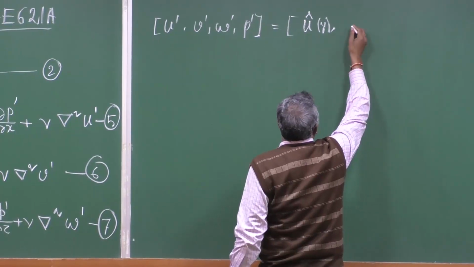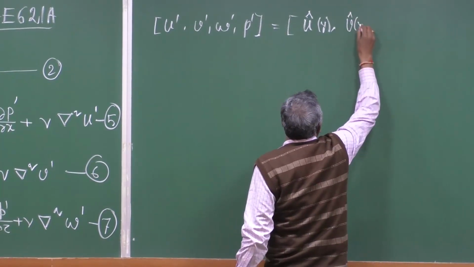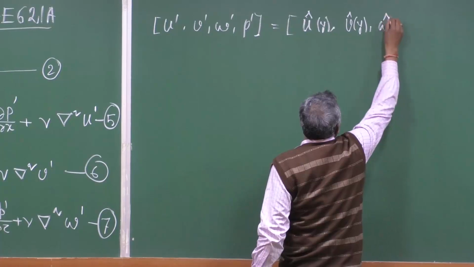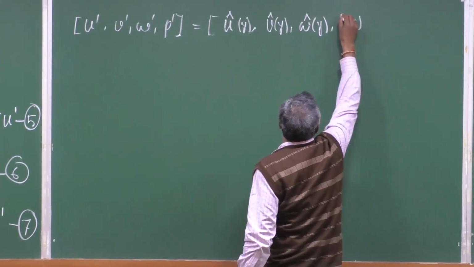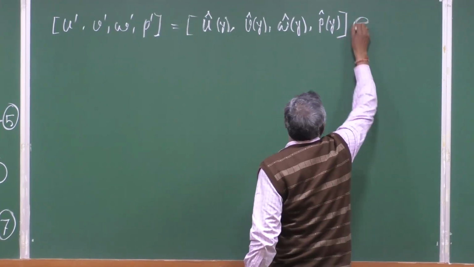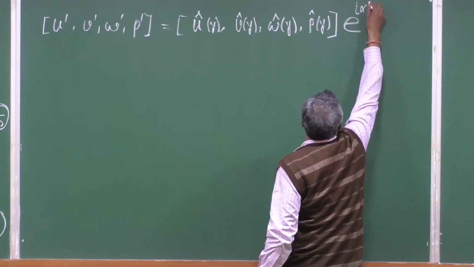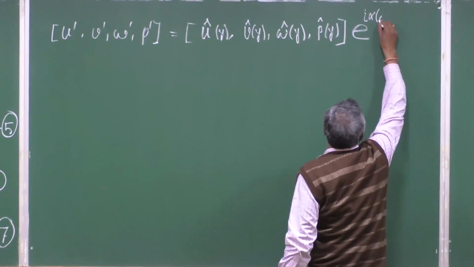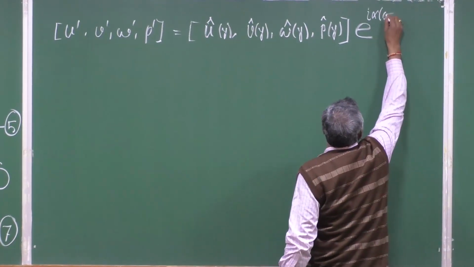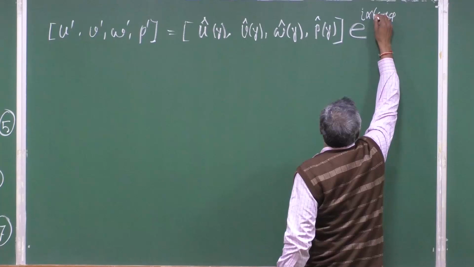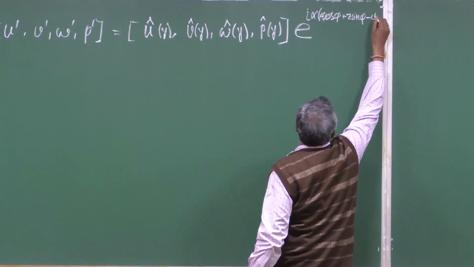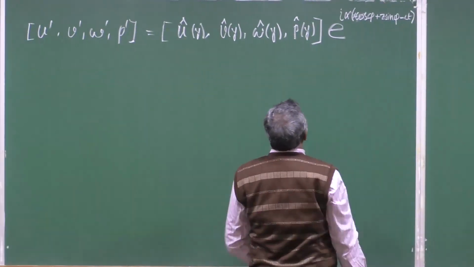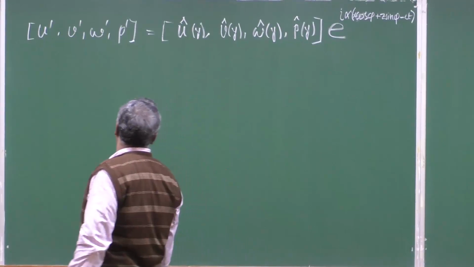So, at a particular y location, this is v hat of y, then w hat of y, then p hat of y, times exponential i alpha (x cos phi plus z sin phi minus c t). C is the phase velocity. So, this is what we consider.